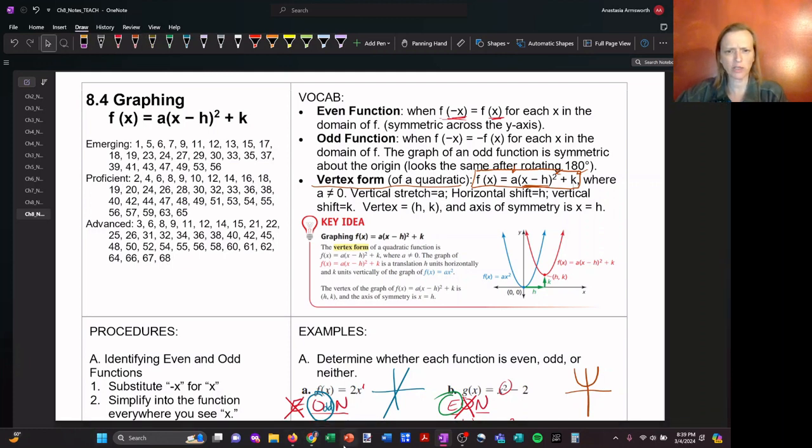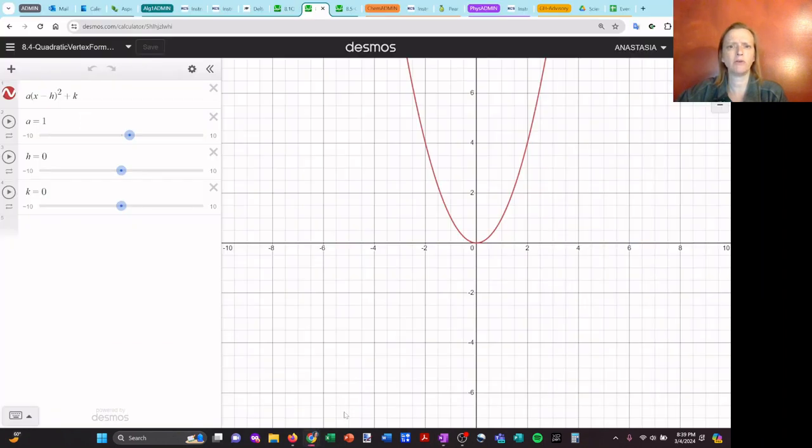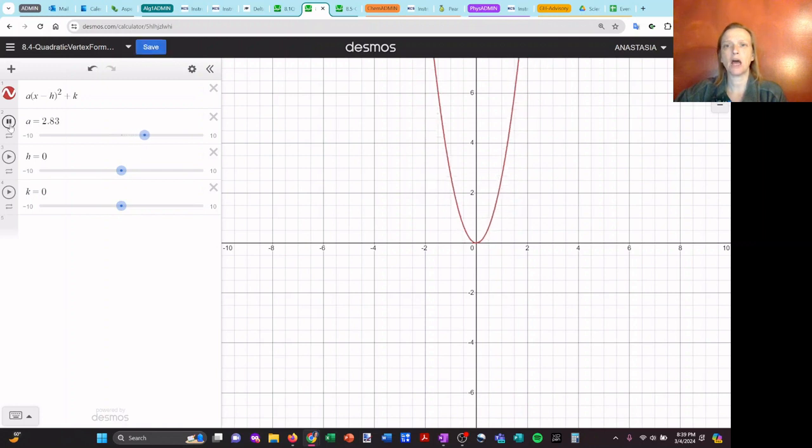So if I quickly switch to my Desmos screen here, you can see how these values change just from changing the sliders here. So that multiplication factor goes through stretches or shrinking, or if the value is negative, then you actually have a vertical reflection across the x-axis.